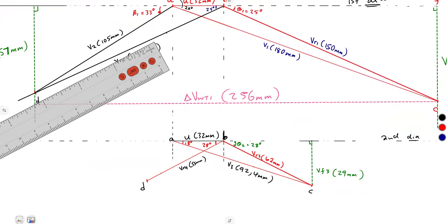So we can see that our diagram is almost done. What we just need is to complete it by joining A to D, making the absolute velocity V4. Remember, this is V3, so the exit there is V4.